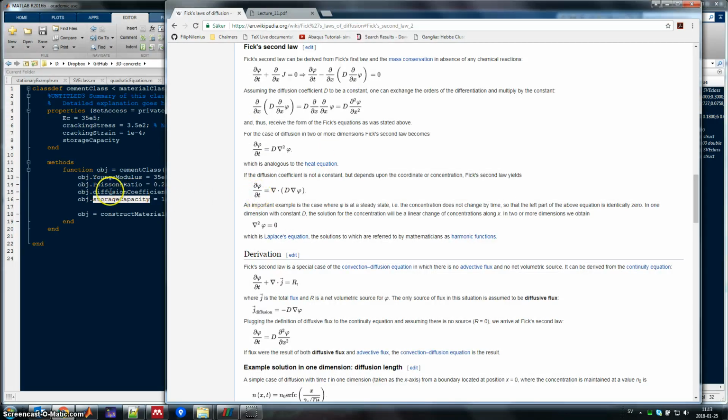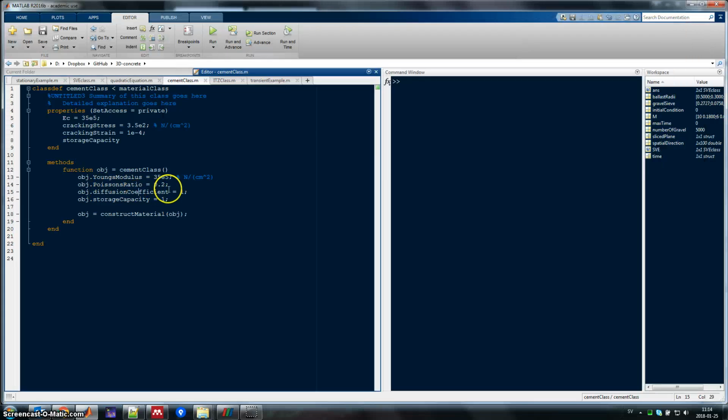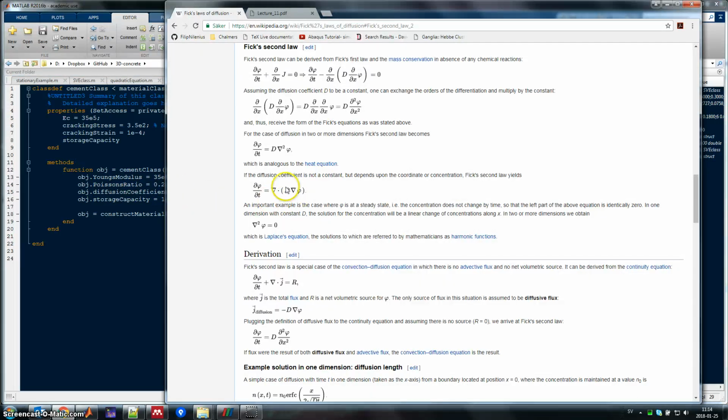We had that the diffusion coefficient, this property here, corresponds to the D here. And the storage capacity is a factor that goes in this expression here. Now I think here, when we look on Wikipedia, the storage capacity equals 1, so that's why you don't see it here. But in general, there is a constant times this time derivative.